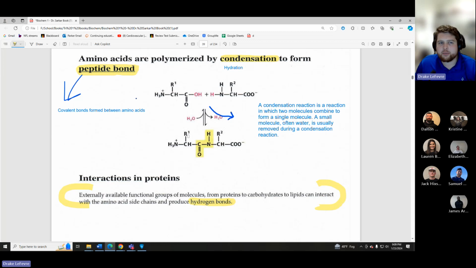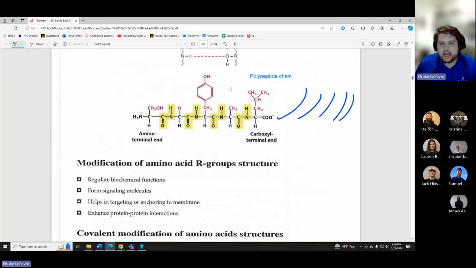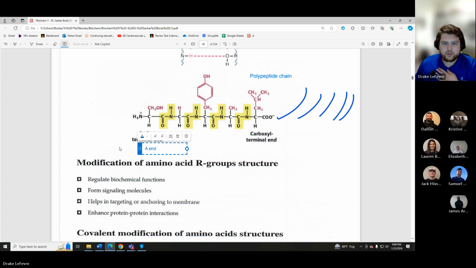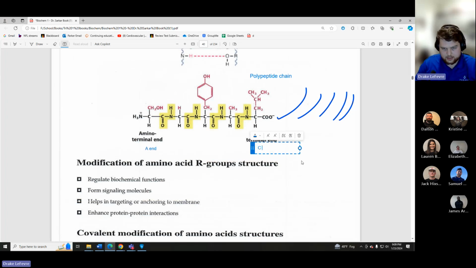So we get peptide bonds forming, and as they form, it builds a nice little chain, and we call that a polypeptide chain. We have an amino terminal end, sometimes called the A end, and then a carboxyl terminal end, or the C end.